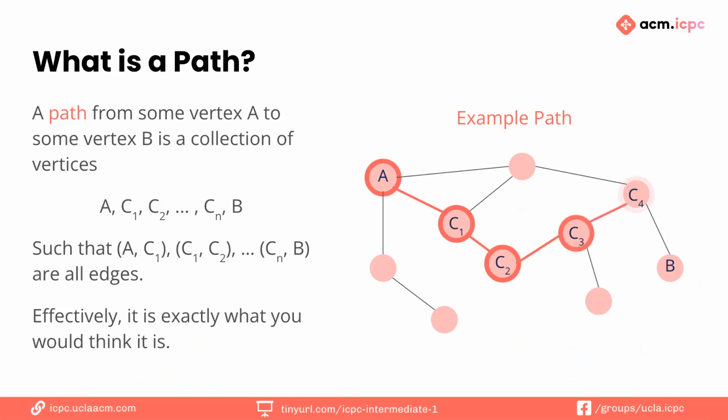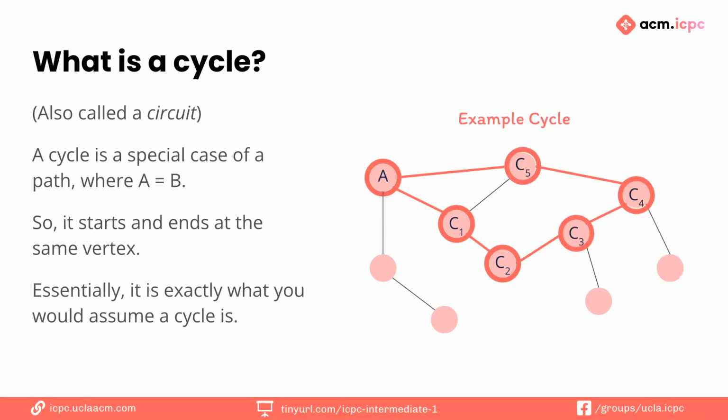And this would be representative of the path that connects vertices A and B, and is represented by the edges (A, C1), (C1, C2), (C2, C3), and so on until you get to the end. And a cycle is a special kind of path which ends at the same point that it starts at. So it's still a connection of edges that go from one point to another, but what's special about a cycle is that it goes back around to the start, like a cycle.